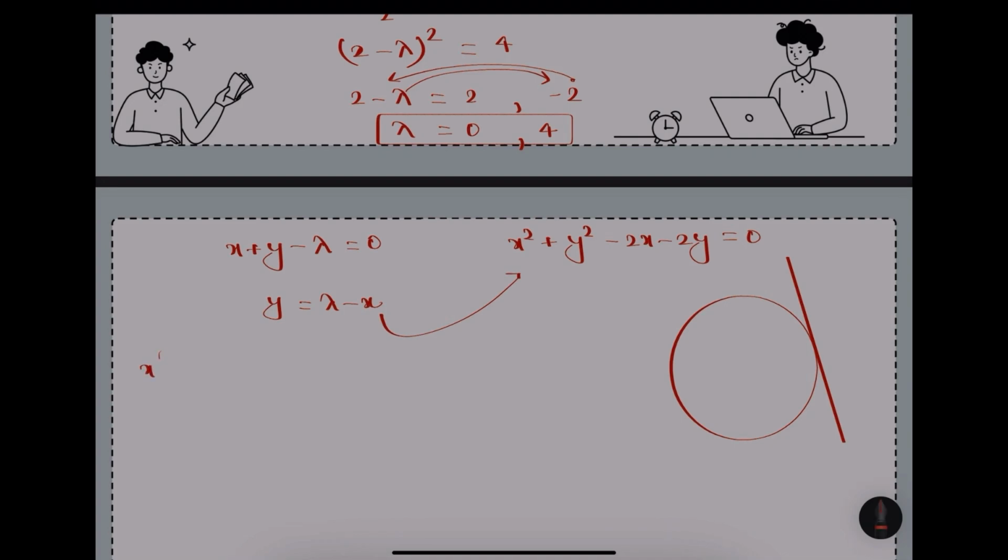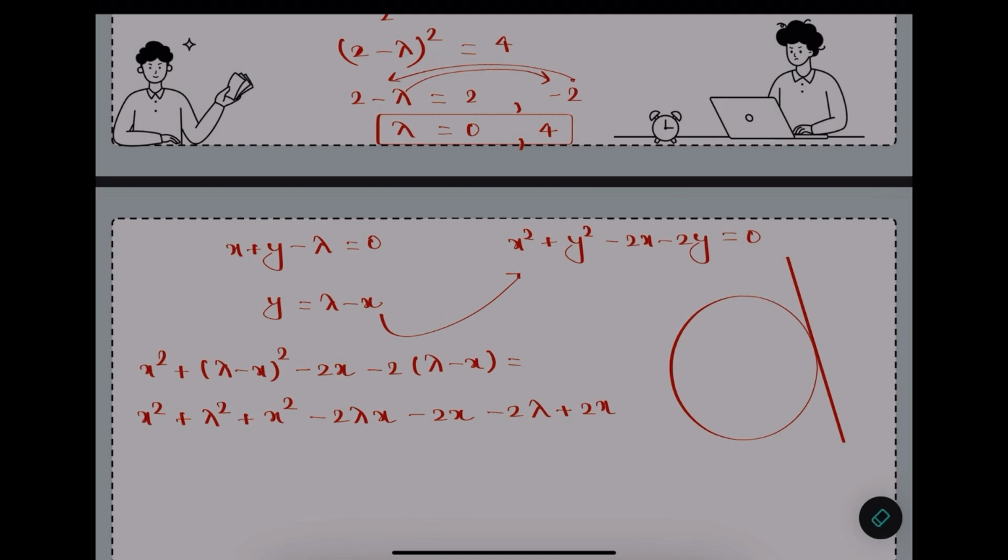So it is x square plus lambda minus x whole square minus 2x minus 2 into lambda minus x equals 0. That gives x square plus lambda square plus x square minus 2 lambda x minus 2x minus 2 lambda plus 2x, which should be 0.